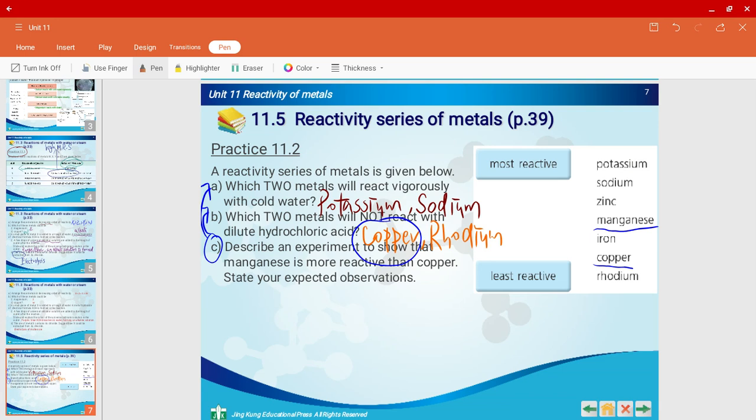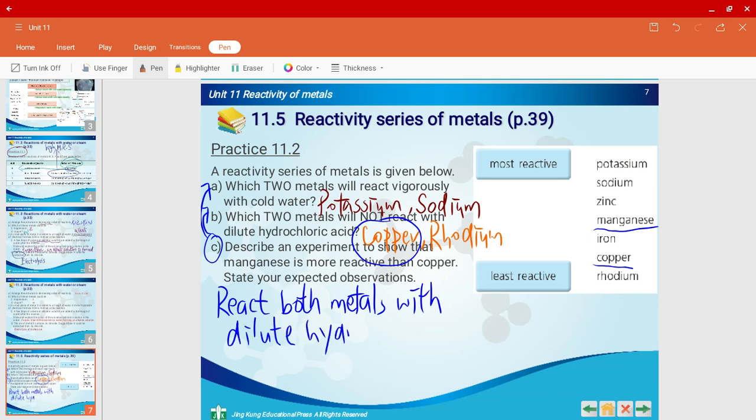So what we can do is react both metals with dilute hydrochloric acid. And what would be the observations? For manganese, what will you get? Okay, let me do it like this.